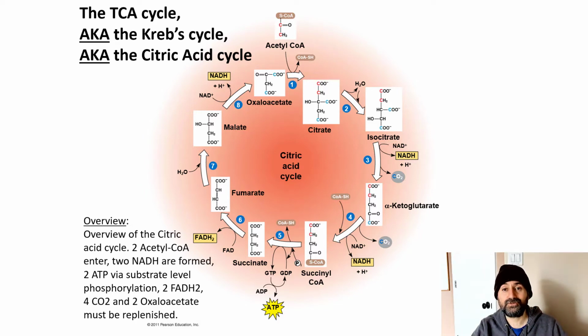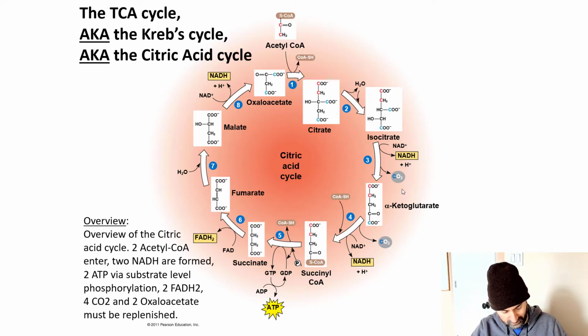And what do we produce? What are the products of the citric acid cycle? Well, look, we're making NADH here, here, and here. What else are we making? Our products are CO2. Now, you don't need to know the exact numbers of these things, but we're making CO2. So we've made NADH.